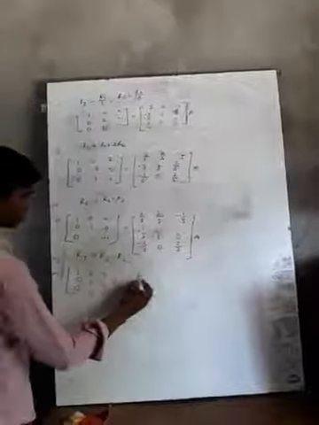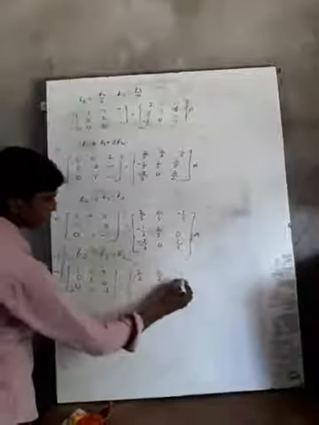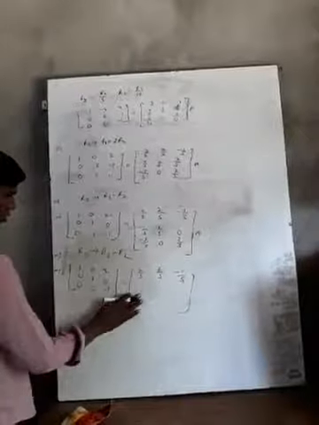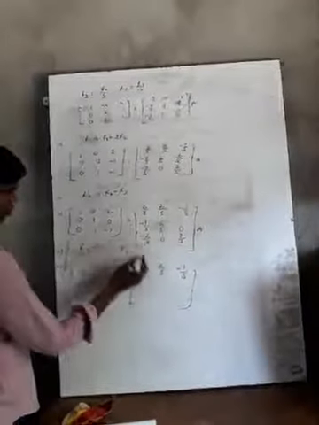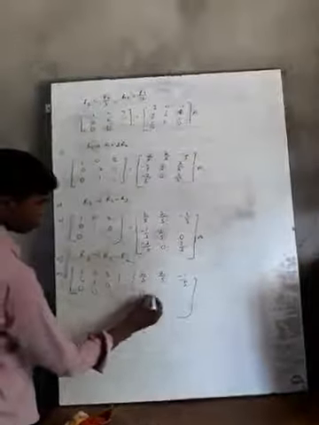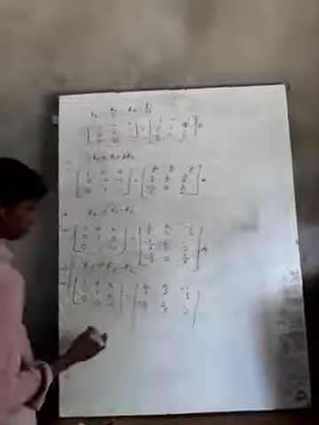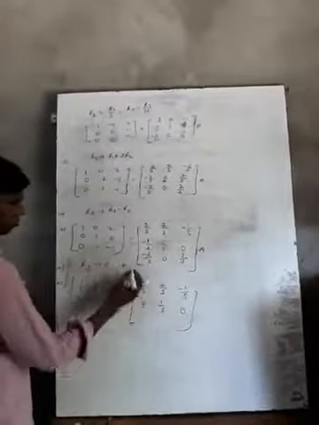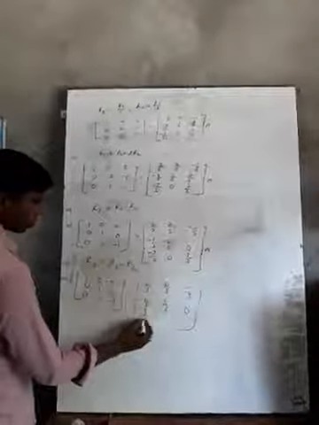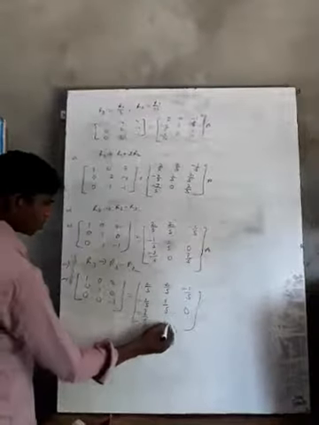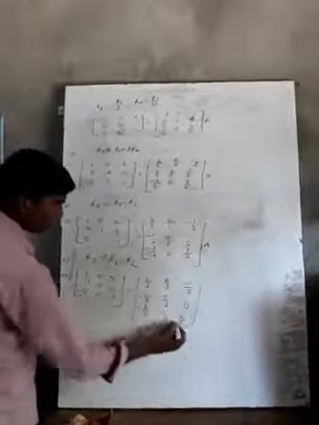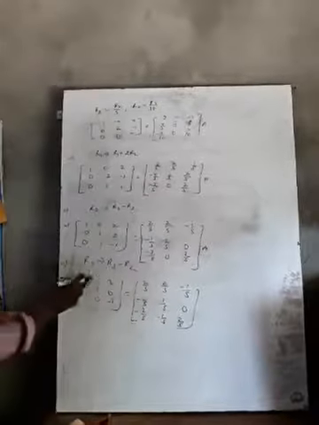And 2 upon 5, 2 upon 5, minus 1 upon 5. Then after R3 minus R2, minus 1 upon 5, 1 upon 5, 0. R3 minus R2 will be minus 2 upon 5, minus 1 upon 5, 2 upon 5. 1 0 0 0 1 0.